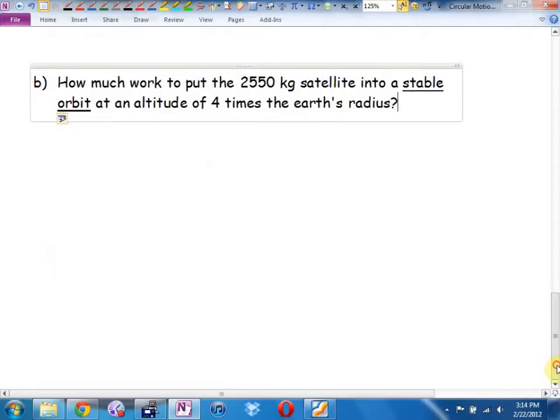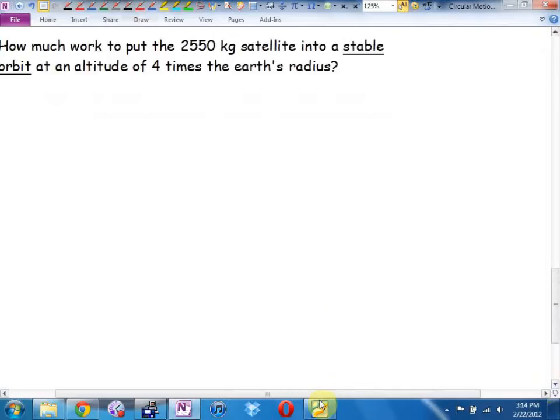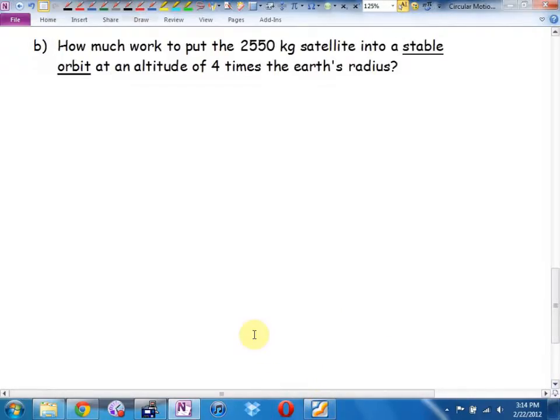The reason I like this question is not just because it's nerdily interesting, although it is to me. This really covers almost the whole unit in one question.